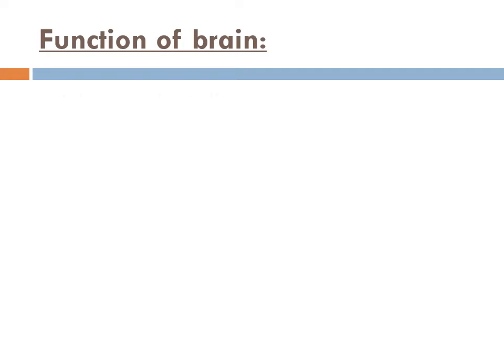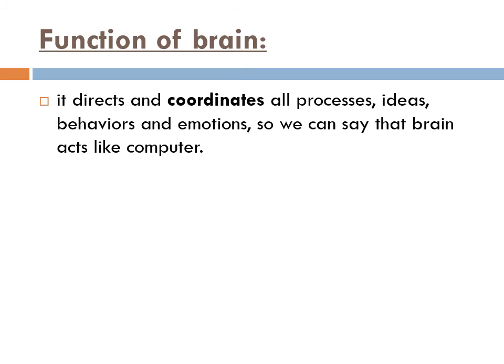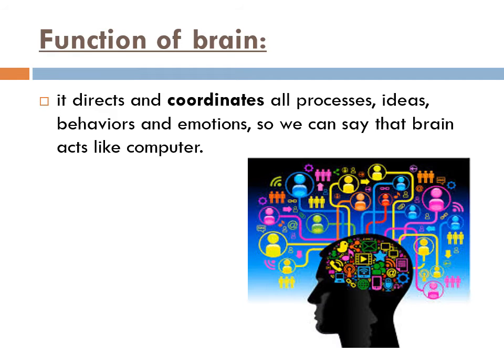Function of the brain: it directs and coordinates all processes, ideas, behaviors, and emotions. So we can say that the brain acts like a computer.